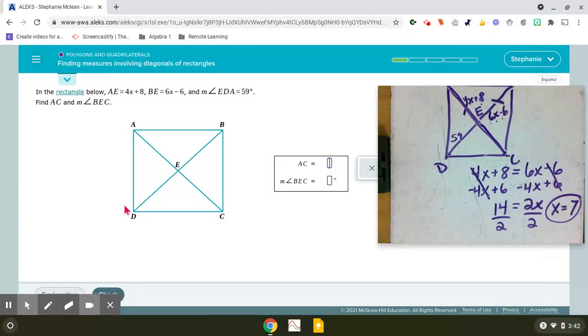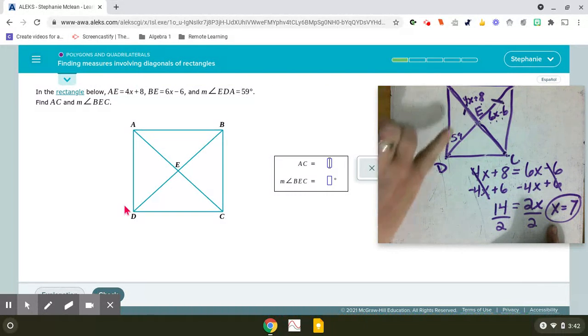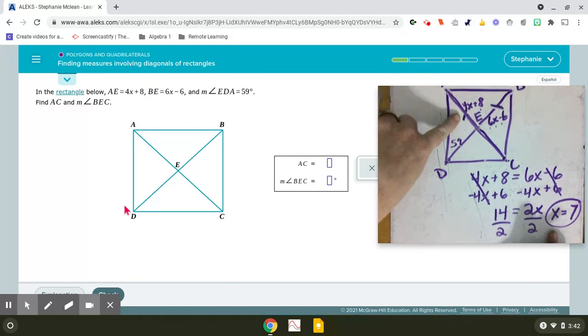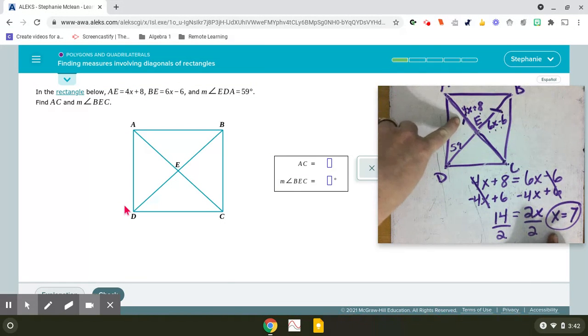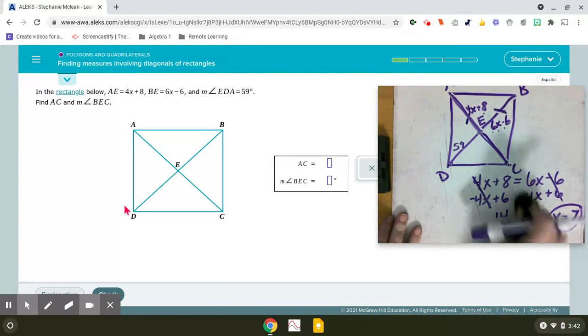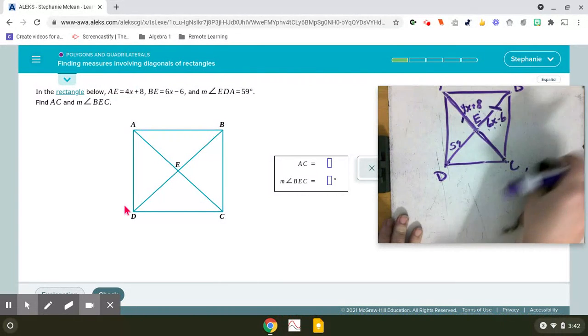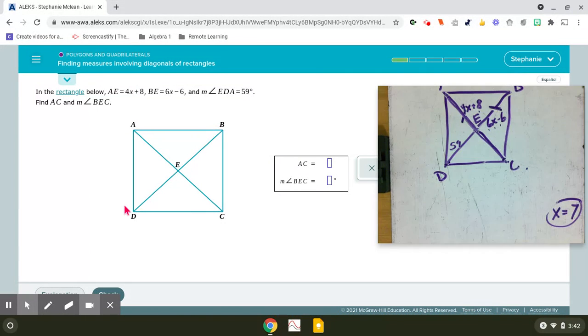To do that, I need to take x and plug it back into the equation I have for the length of AE. With x equals 7, I'm going to plug it into 4x plus 8.